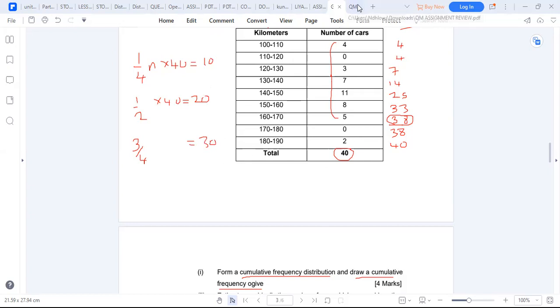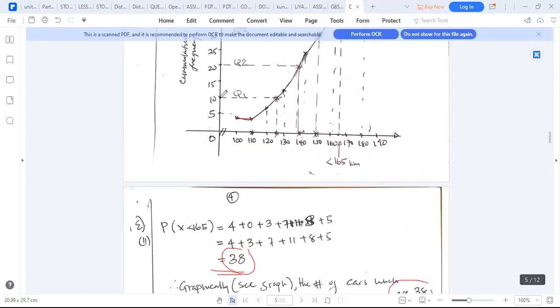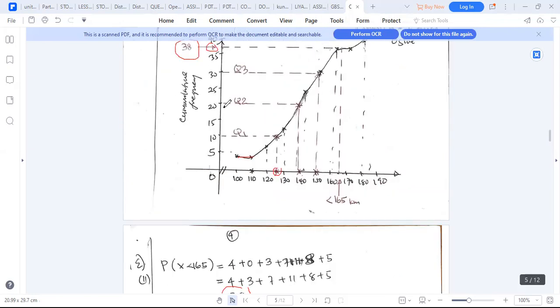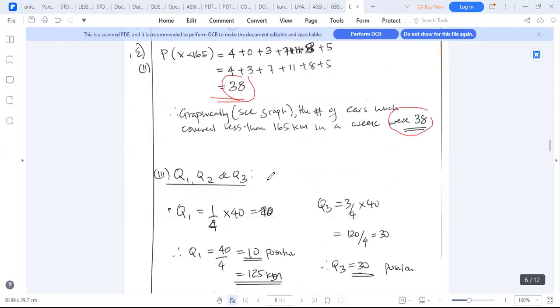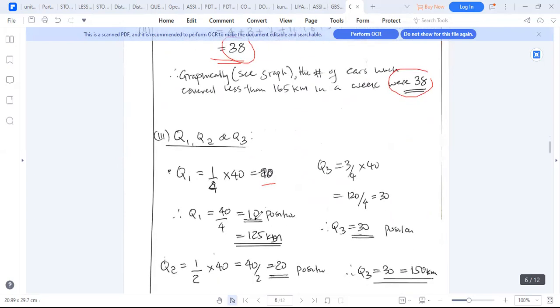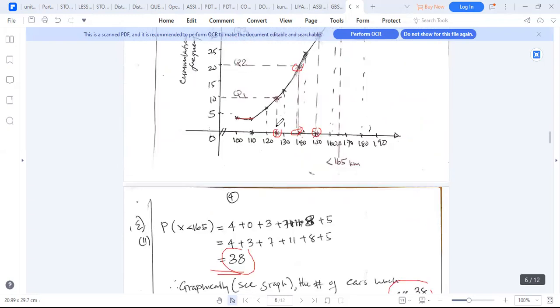So when you go here, Q1 is 10, you get the approximate here. Q2 is 20, you get the approximate there. And Q3 is 30, you get the approximate there. So these are the figures that we have approximately. Our position of the 10th is coming to 125 kilometers, which we can see somewhere there.